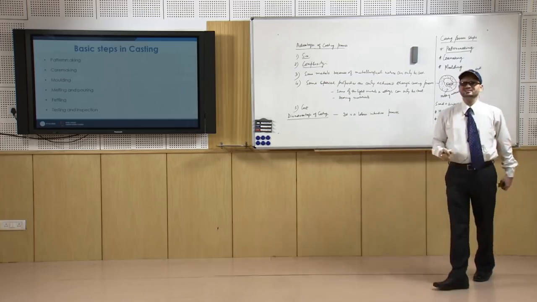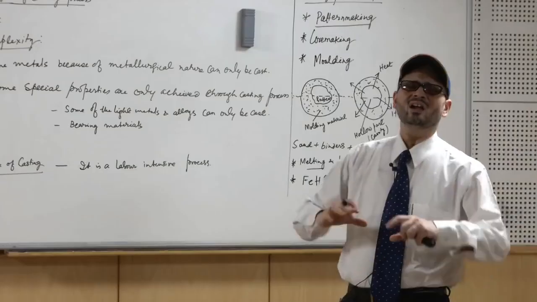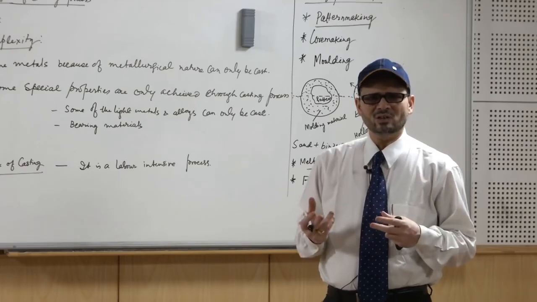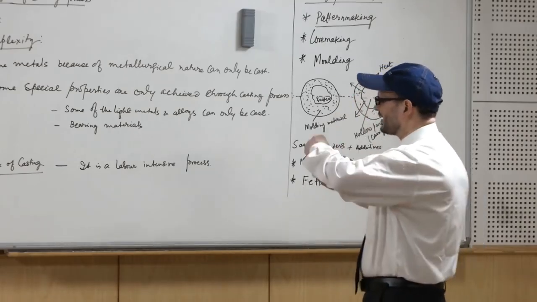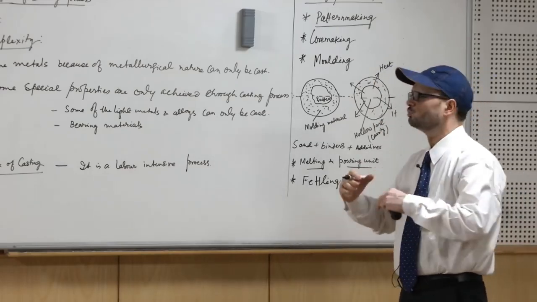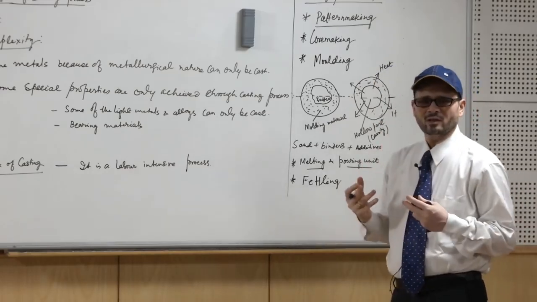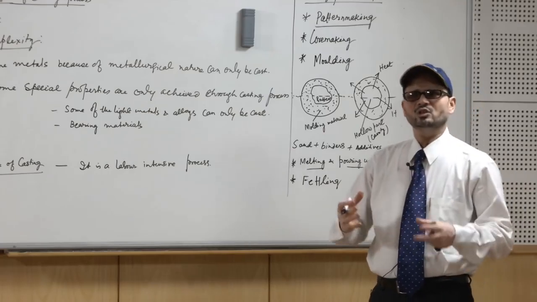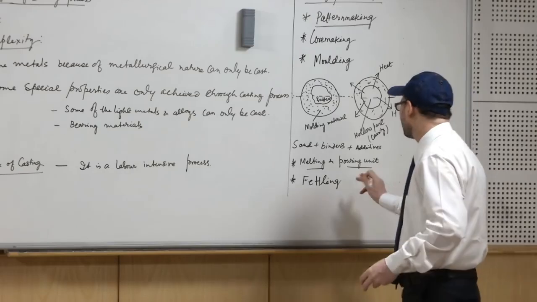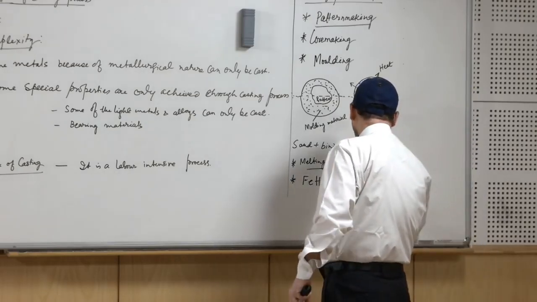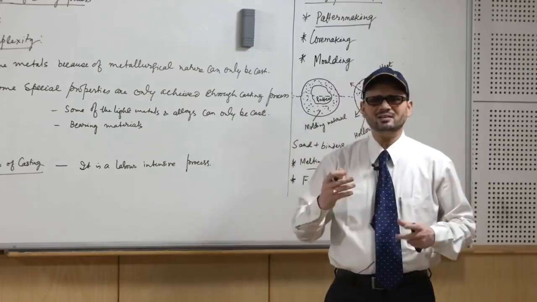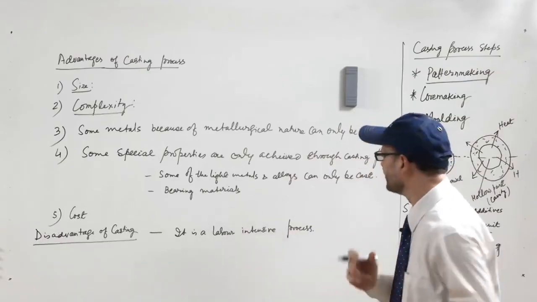So, fettling is nothing but removing all the unwanted attachments or the portions which are attached to the cast product. You have to basically also clean the unburnt sand, you have to clean the scale, all this fettling and cleaning, these are done so that you can further use this material.